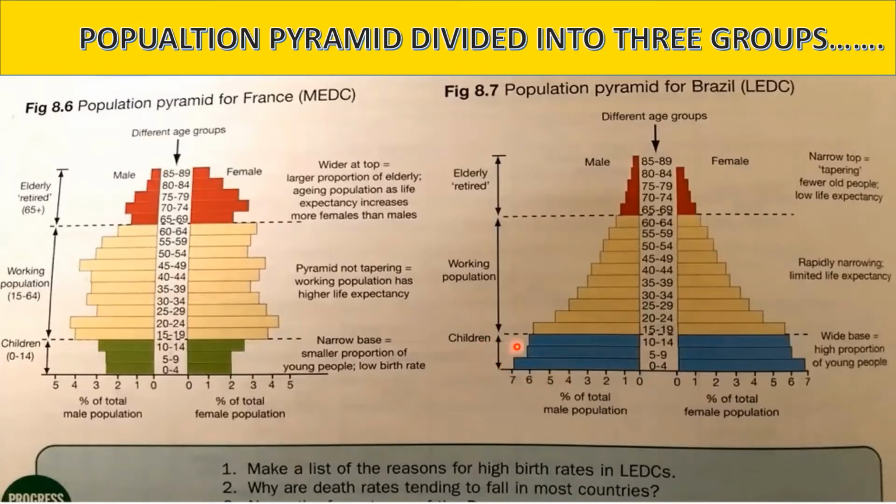A narrow top indicates there are fewer people in the older age group because life expectancy is lower. Examples: Norway, Sweden, UK, Singapore, Germany, Italy, and Japan have the narrow top, and a concave slope suggests a high death rate.